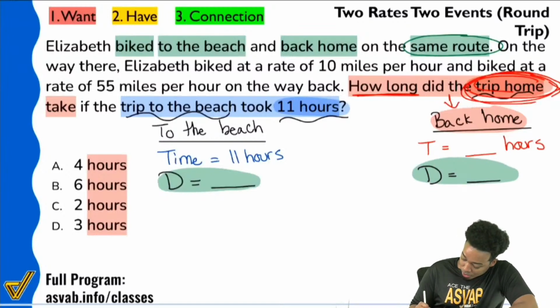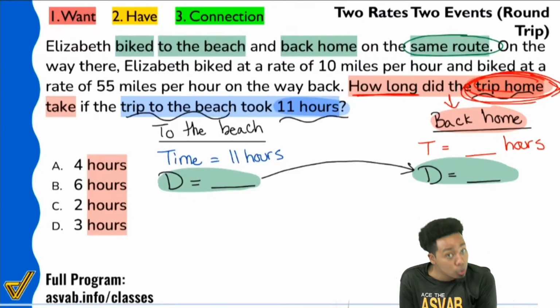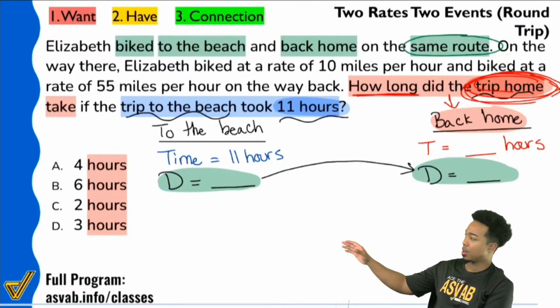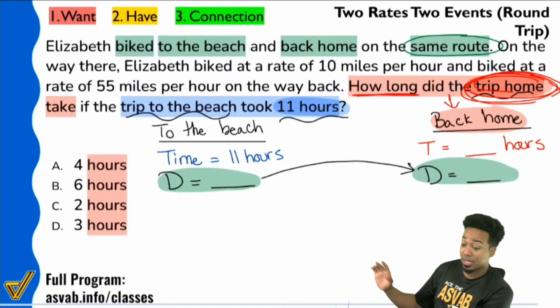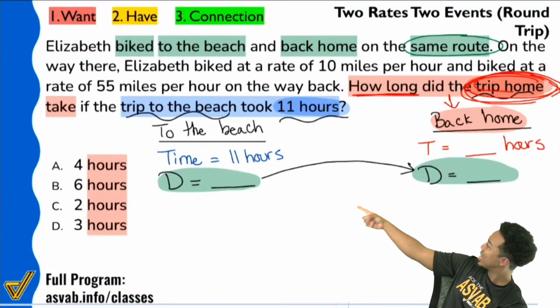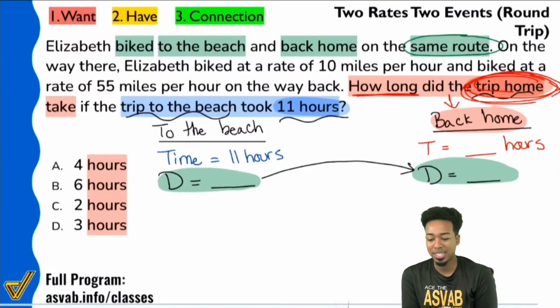So if I know this, I can plug that in over there. Do you see the opportunity we have, the movement that we can make if we need to, everybody? If we have that distance, we can take that and plug it in here if we needed to.